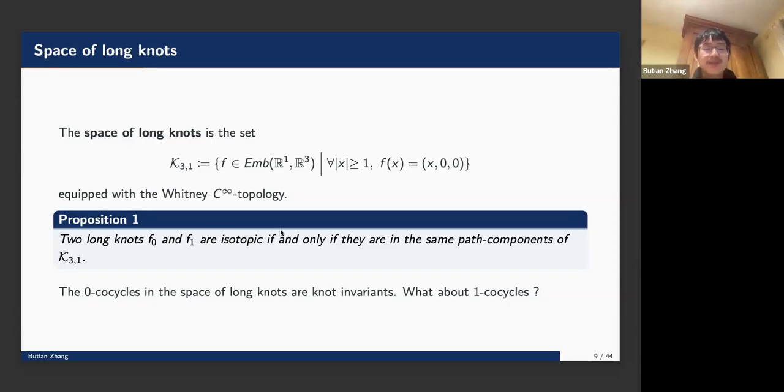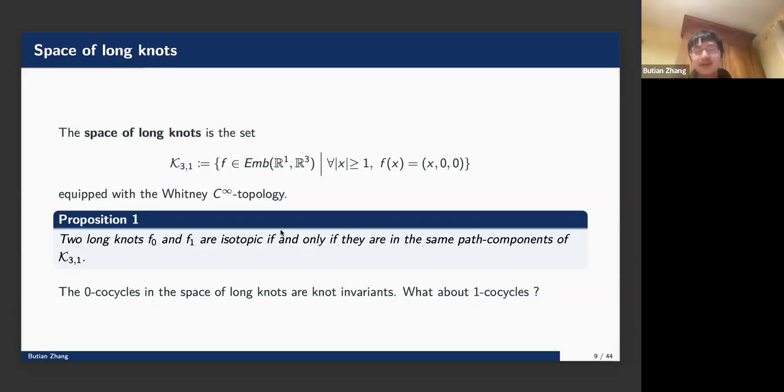That is to say, we do not only ask that at each point of R1 the images of the two points are close to each other, but also that at this point the derivatives are close to each other. This is the C infinity topology.